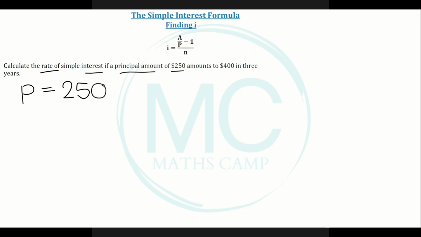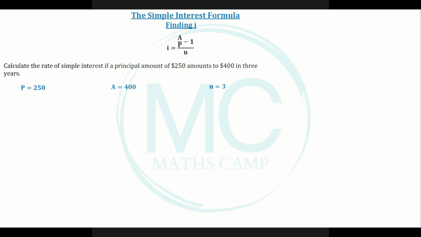It amounts to 400, our accumulated amount, so A is equal to 400. The investment has a duration of 3 years, this is our N value, so N is equal to 3.